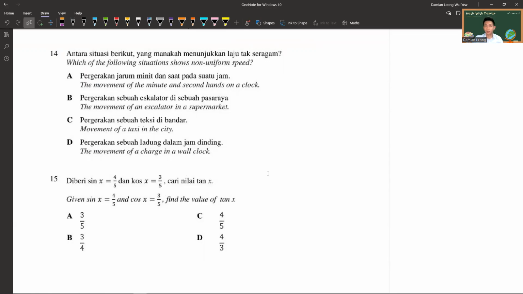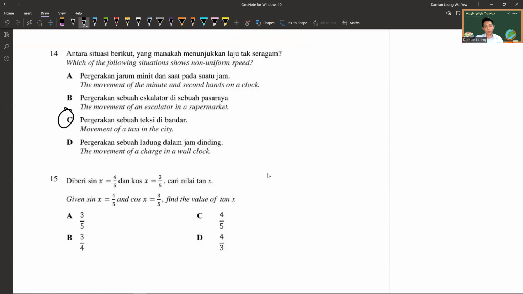Actually, that isn't constant. Hey, sorry, wait. Oh, no, sorry, my bad. Escalator, yes. Escalator is constant. Escalator, not elevator. Escalator, the gear always turns at a constant speed. A taxi in the city is not constant.